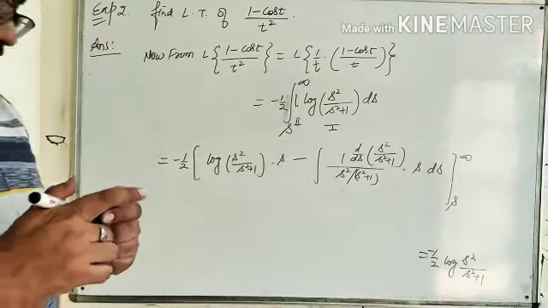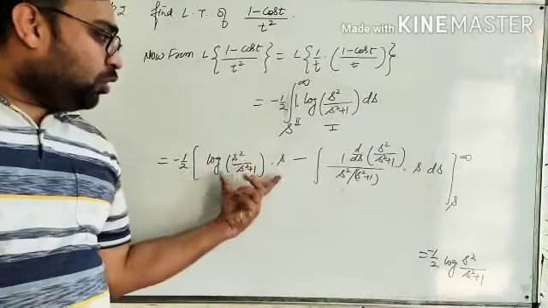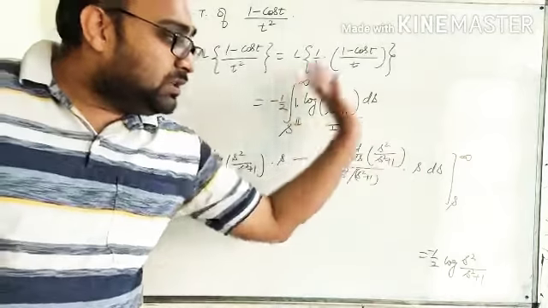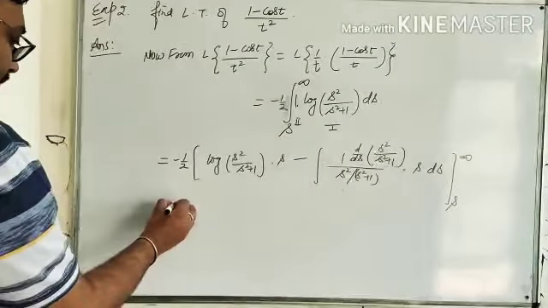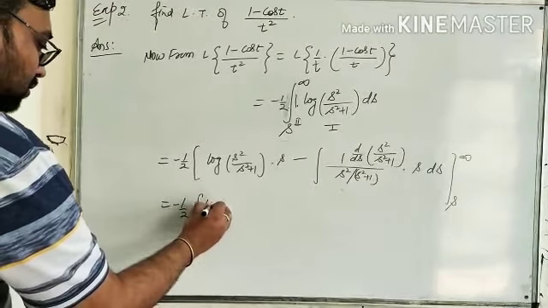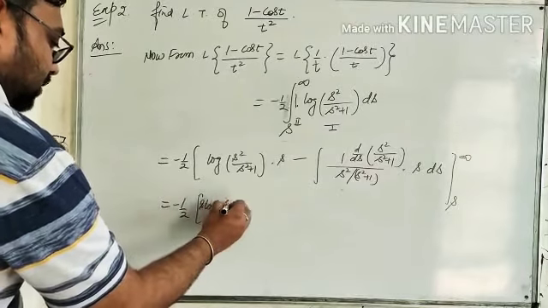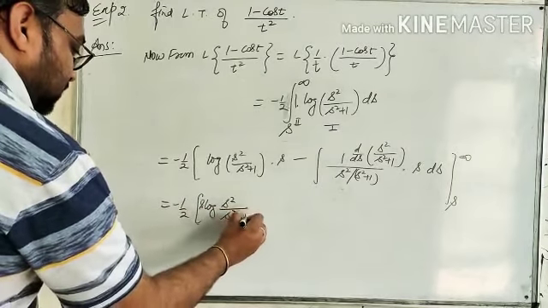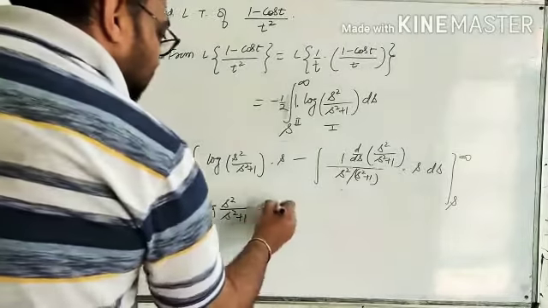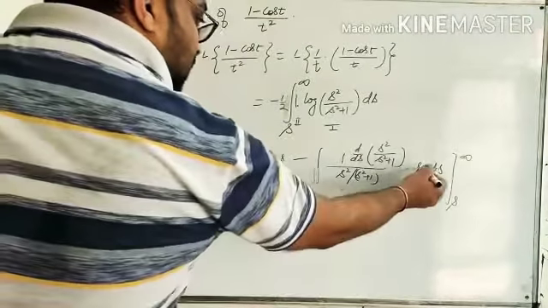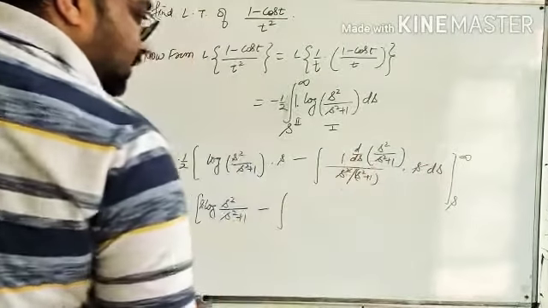Either we can write the limit with each term, or we can write the limit just at the last. Minus 1 upon 2, s into log of s square upon (s square plus 1), minus the integral, where s is cancelled by this s.